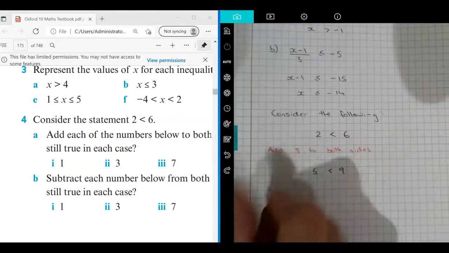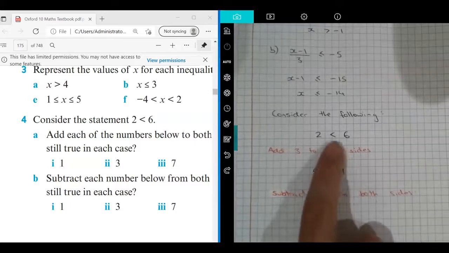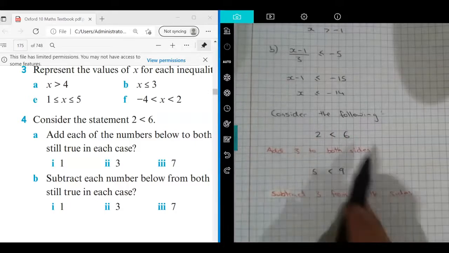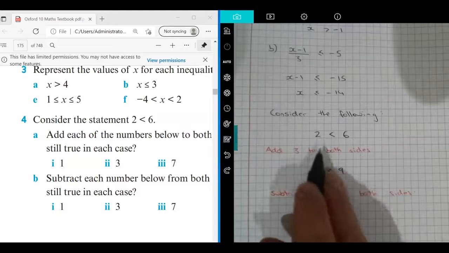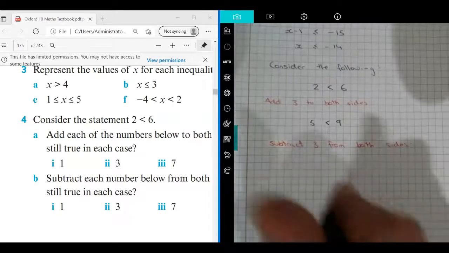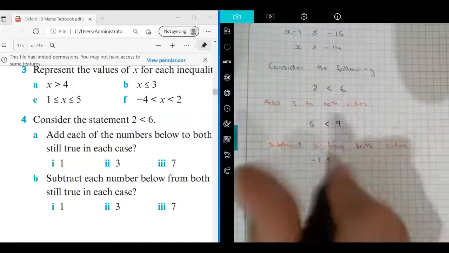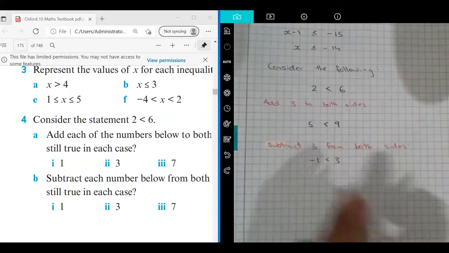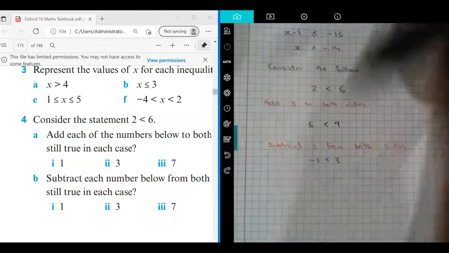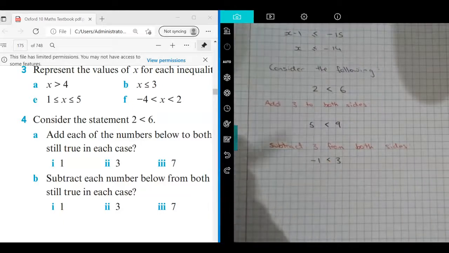What if we subtracted 3 from both sides? Looking back at our initial statement, 2 is less than 6. If I subtract 3 from the left, I would have negative 1. And if I subtract 3 from the right, I would have 3. 3 is greater than negative 1. So again, that checks out, and the inequality sign would stay as is.